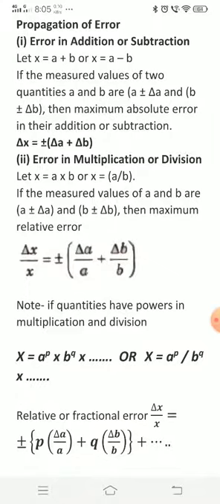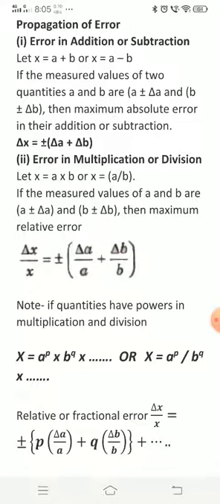In such a condition, the fractional error or relative error in x is given as delta x by x is equal to plus minus, delta a by a plus delta b by b.